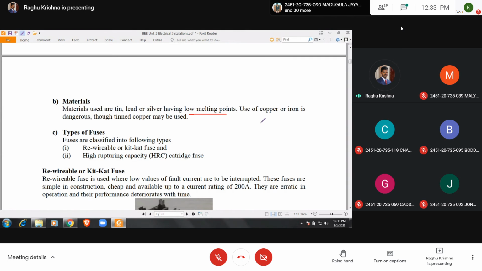But we can use tinned copper. So the materials used are tin or lead. Use of copper is dangerous, so we can use tinned copper, tin and copper.